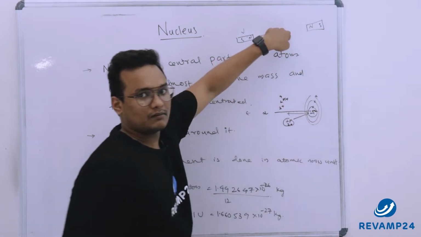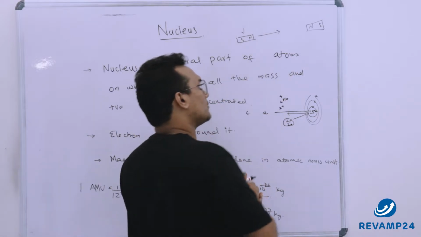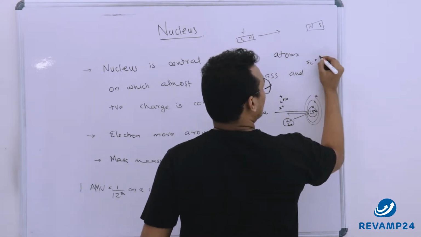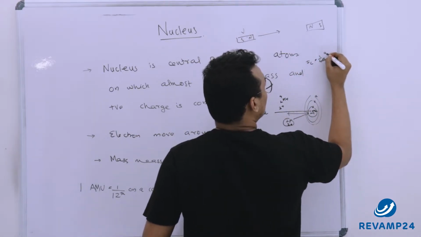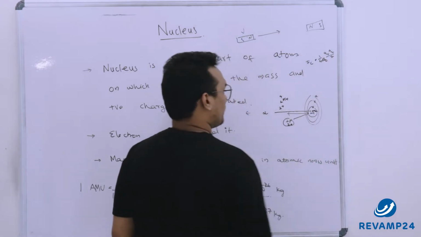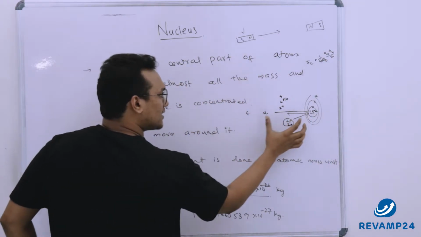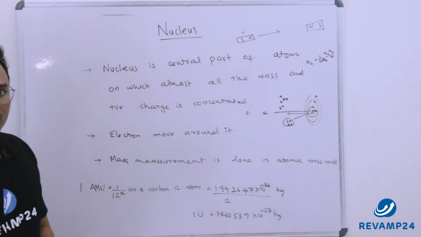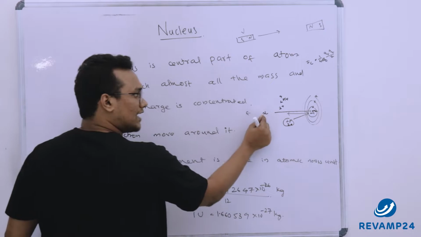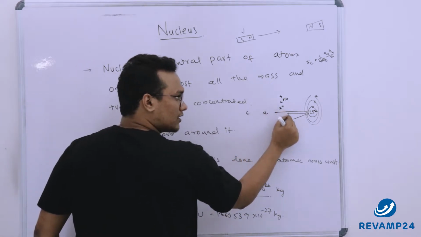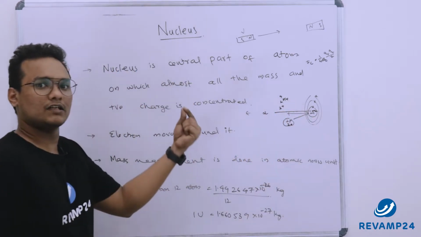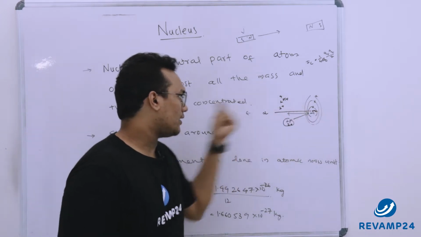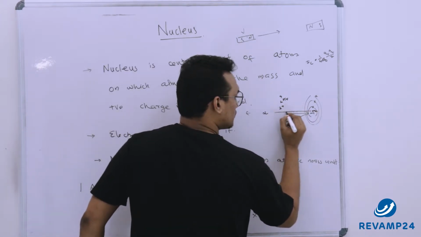In the case of charges, we know Coulomb's law: F = 1/(4 pi epsilon 0) times q1 q2 divided by r squared. It's the same kind of charge, so when the distance becomes less, the repulsive force would be more. In short, the velocity gradually decreases and comes to a point where it becomes zero, and after that point it will return back.